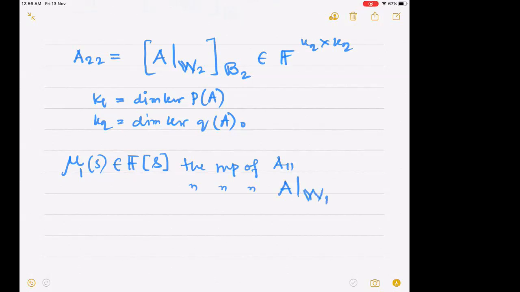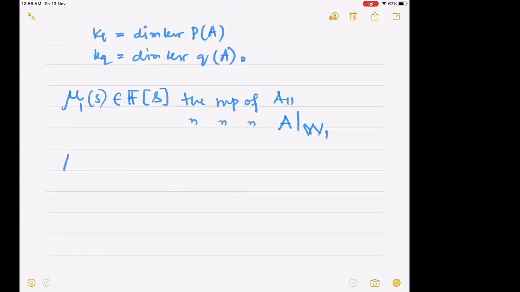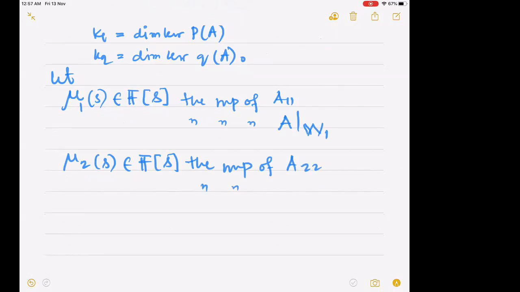Similarly, let mu2(s) in F[s] be the minimal polynomial of A22, A restricted to W2.